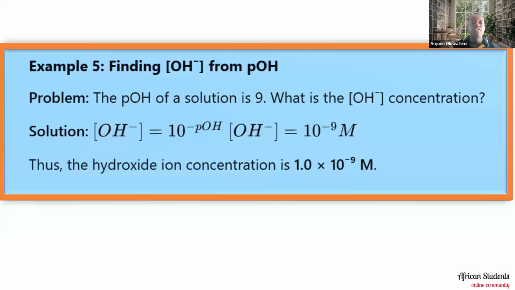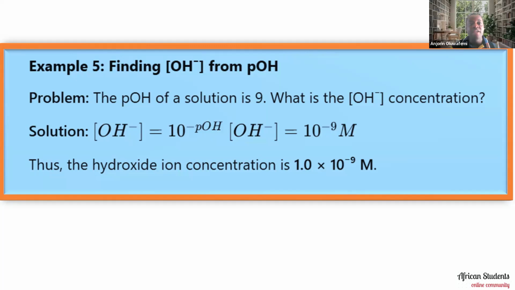Okay. The fifth one says finding hydroxide concentration from pOH. Now, the pOH of a solution is 9. What is the hydroxide ion concentration? Like we have established before, pOH equals the negative logarithm of the hydroxyl ion concentration.